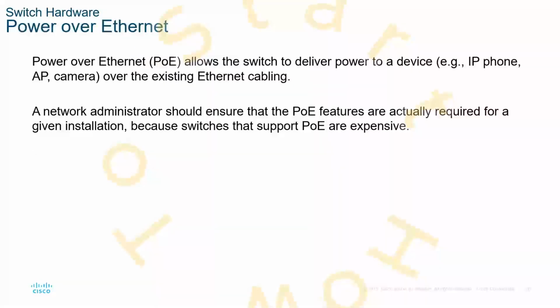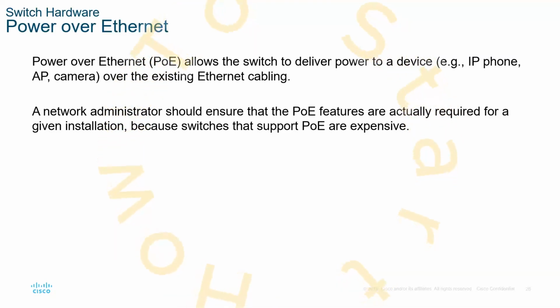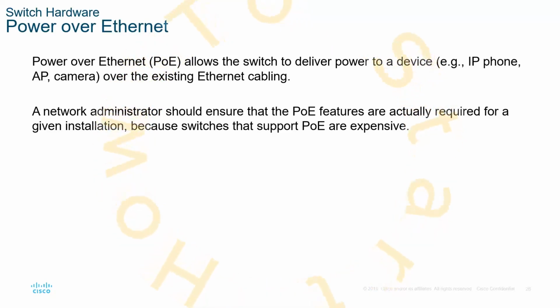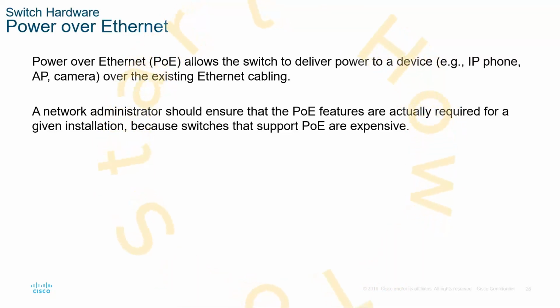One thing that the switch provides that is actually extremely important is the concept of PoE, Power over Ethernet. The switches have the ability to power devices over a switch port. Now again, not everything can be powered this way. Normally phones, access points, cameras, those can be powered over PoE.